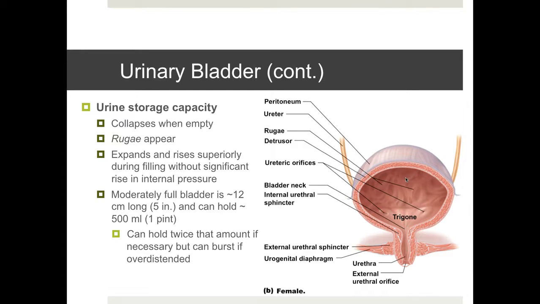When our bladder is going to fill, it will expand and rise superiorly during filling without significant rise in internal pressure. A moderately full bladder is going to be about 12 centimeters long, or 5 inches, and can hold about 500 milliliters or 1 pint. We can hold twice that amount if necessary, but it can burst if it is distended.